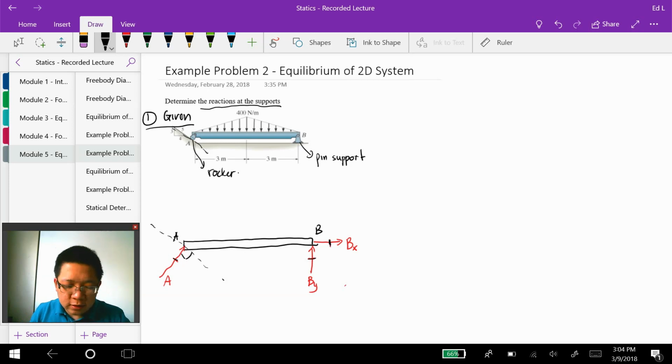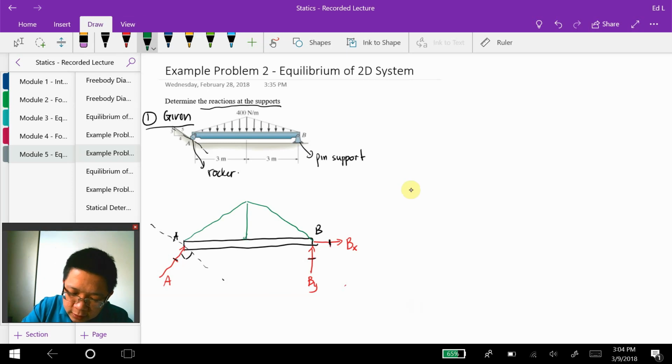This free body diagram is not complete yet. We are still missing the distributed force, which is triangularly distributed and is acting on the top of the beam.